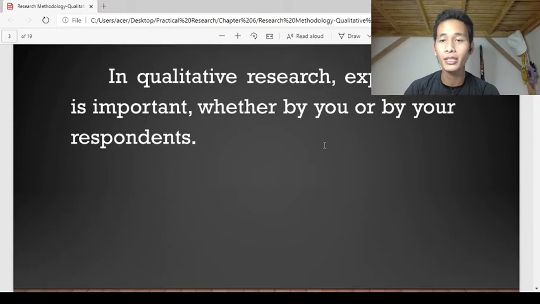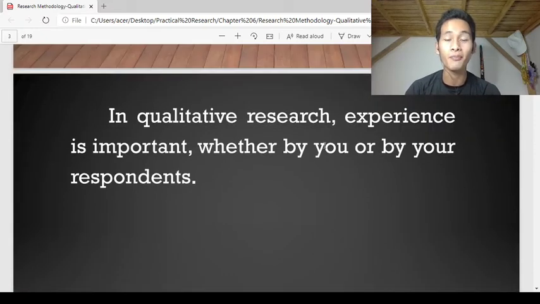In qualitative research, experience is important, whether by you or by your respondents. Take note, class, that in qualitative research design, experience is very important, diba? It's either your experience as a researcher or the experiences of your respondents.